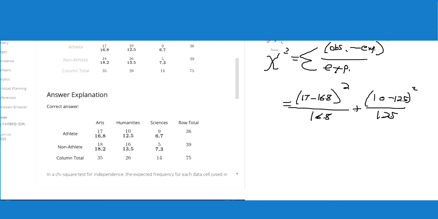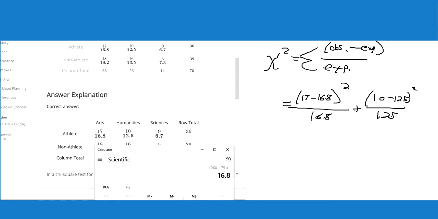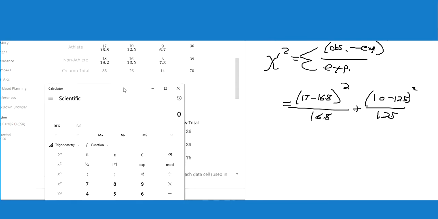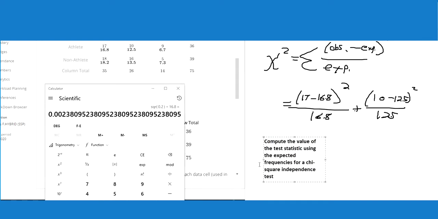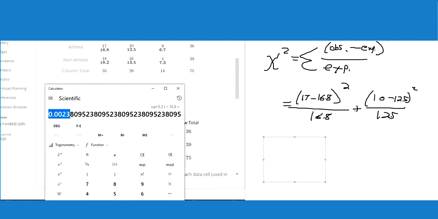To save some time, I'm going to do each one separately with a calculator. 17 minus 16.8, square that, divide by 16.8. That's nice and yucky. That's what we got for that first fraction. Second fraction, 10 subtracted by 12.5, square the difference, then divide by the expected.